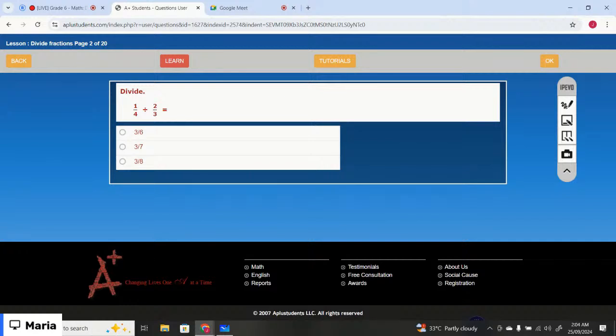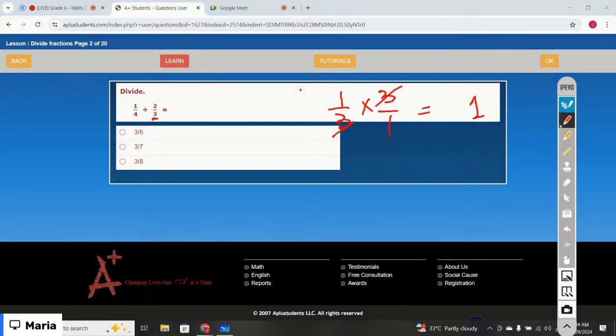Okay, the next one is 1 over 4 divided by 2 over 3. So which is the correct option? Replace the division sign with multiplication and take the reciprocal of the fraction after, that is 3 by 2.